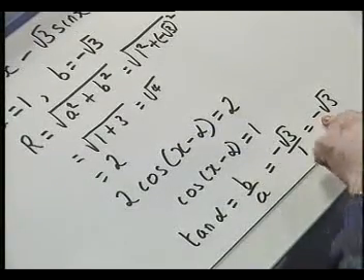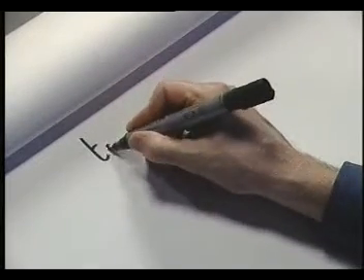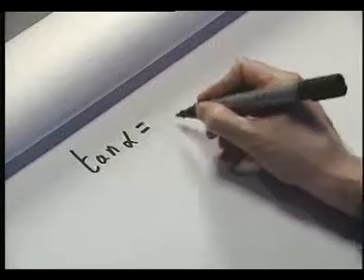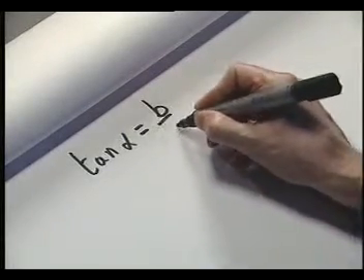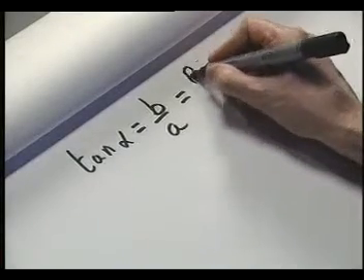It's a problem because previously all the answers have been positive, and we have had positive A and positive B, and we've gone straight for the first quadrant. Let's just remind ourselves what we mean by quadrant. I'll write down again tan alpha, which is calculated as B over A. Let's just remind ourselves what these are.